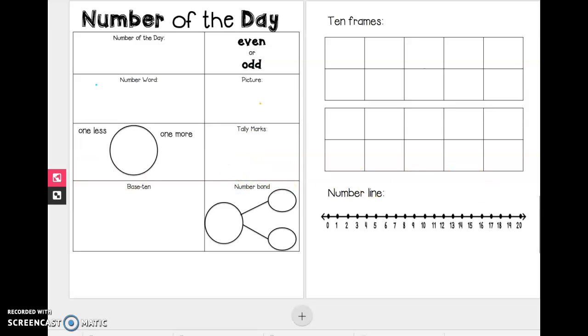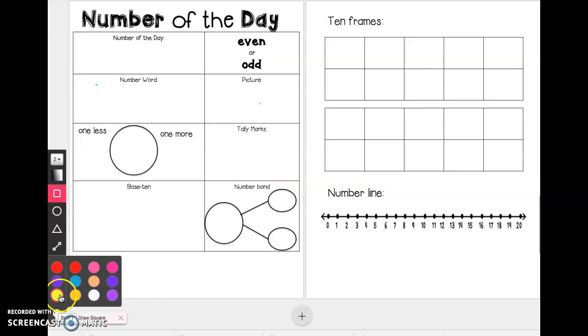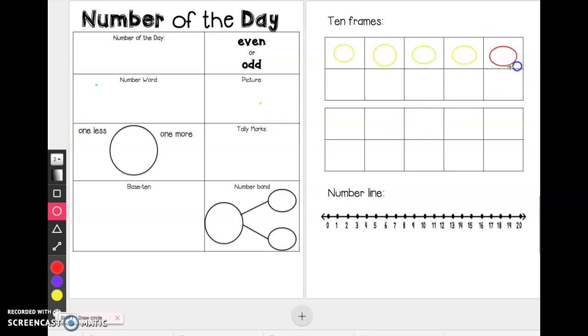So I know that Evie had 4 books, 1, 2, 3, 4, and Teresina had 6 books, 1, 2, 3, 4, 5, 6.